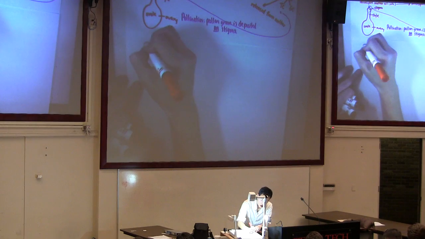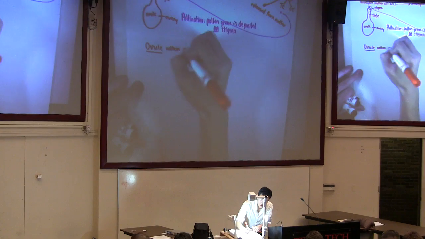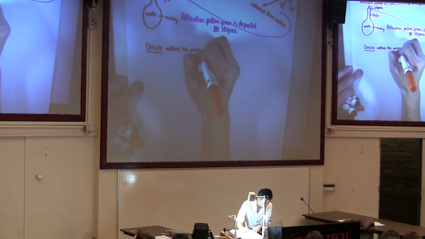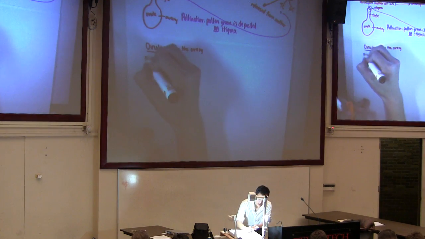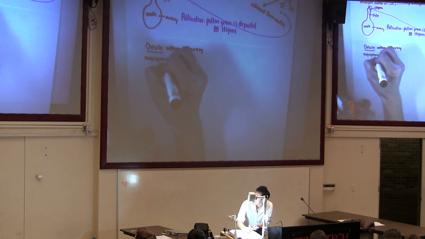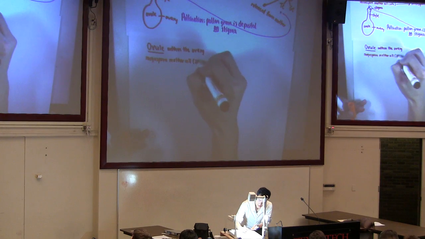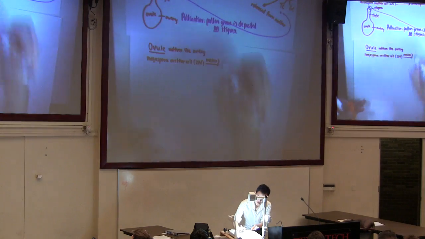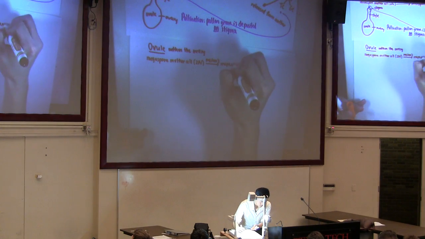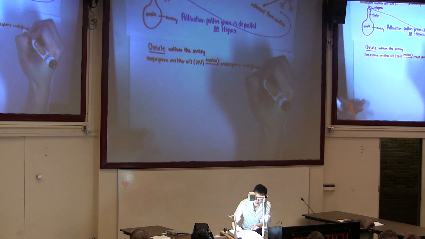So let's look at the ovule, which is within the ovary. What's happening in the ovule? The same thing, right? That happened in gymnosperms. The megaspore mother cell, 2N, undergoes meiosis to produce a megaspore. Right? That megaspore is converted to a megagametophyte.